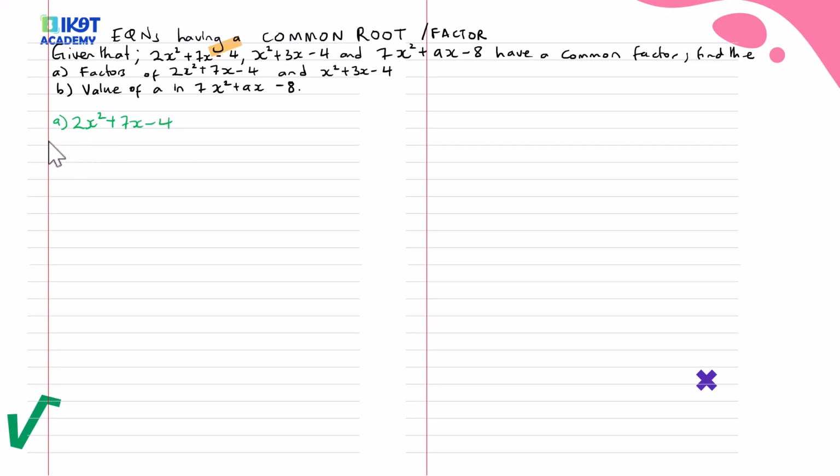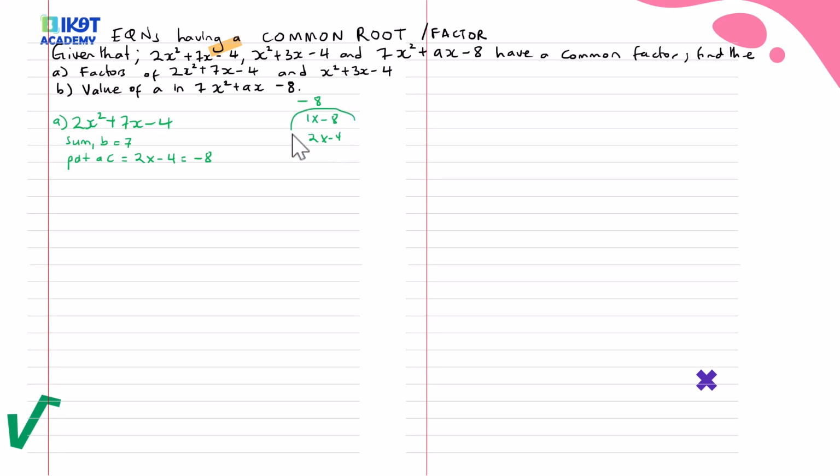We're going to use the factorization method. We say the sum is B, which is 7, and the product is AC. I referred to our video on solving quadratic equations using the factorization method. Here the product is negative 8, so we get the factors of negative 8: 1 times negative 8, 2 times negative 4.